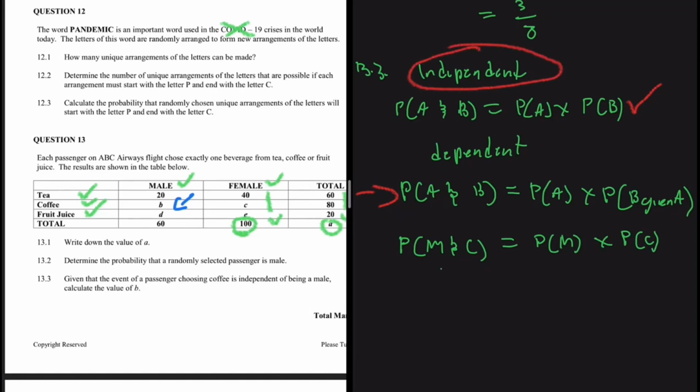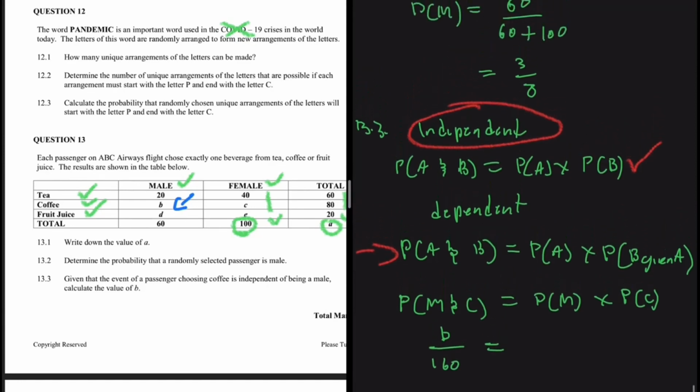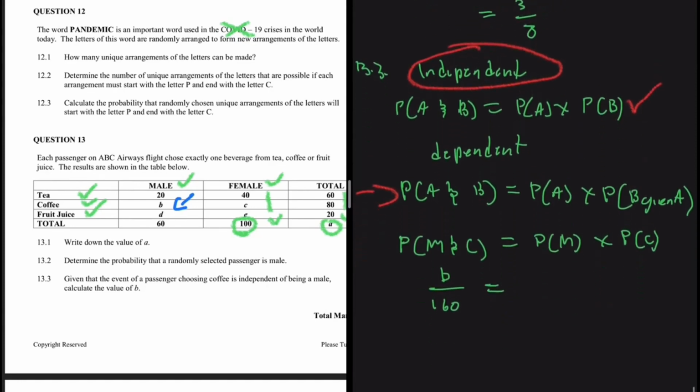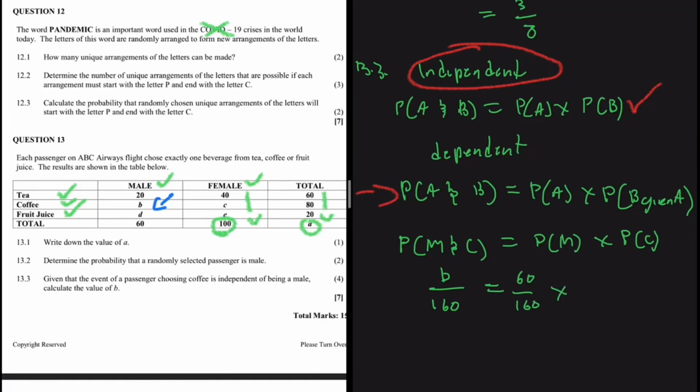So we have B divided by the sample space, which is 160, being equal to the probability of being a male. We already said that that is 60 divided by 160, right? So we have 60 divided by 160 multiplied by the probability of choosing coffee.